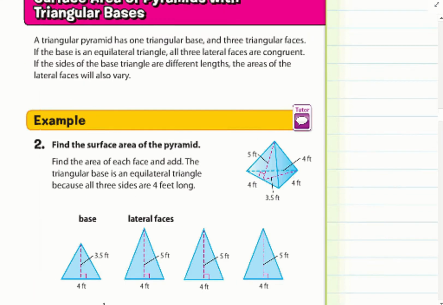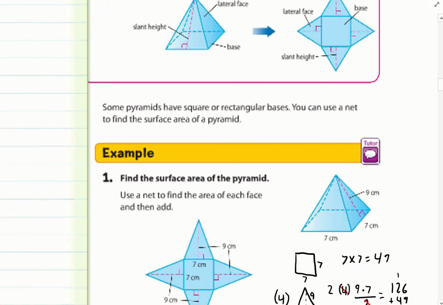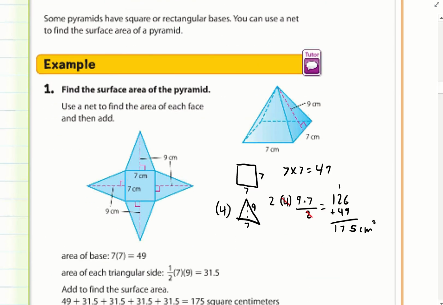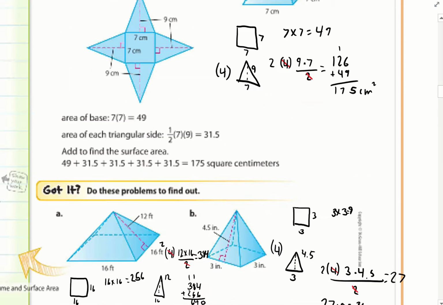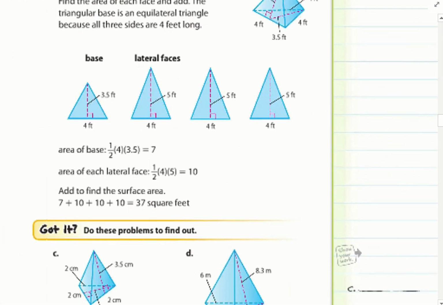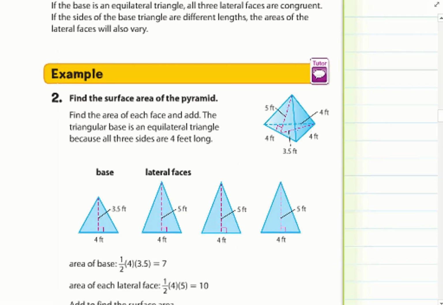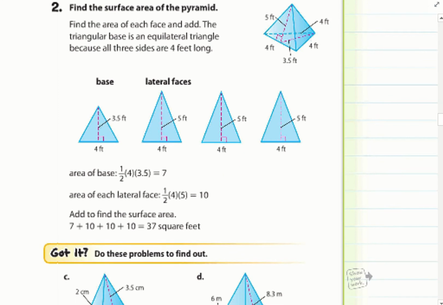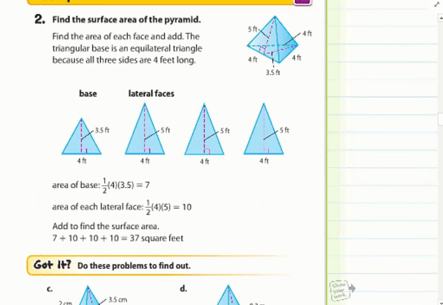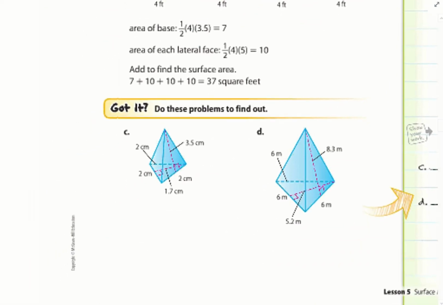Here I had 5 shapes in total, a square and 4 triangles. But with a 3-sided pyramid, I have 4 total triangles, and 3 of them are identical, and 1 is not identical. I'm going to go ahead and do C with you.